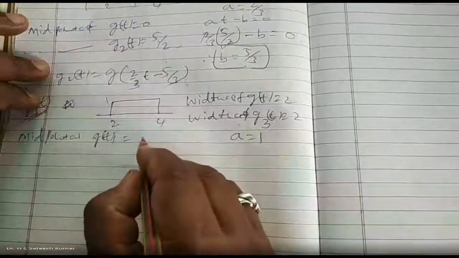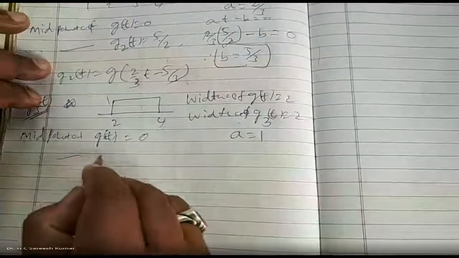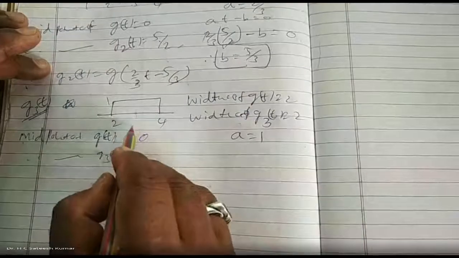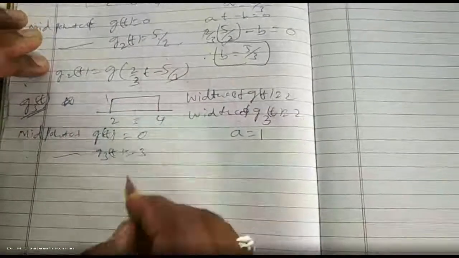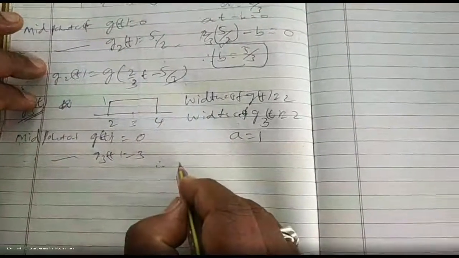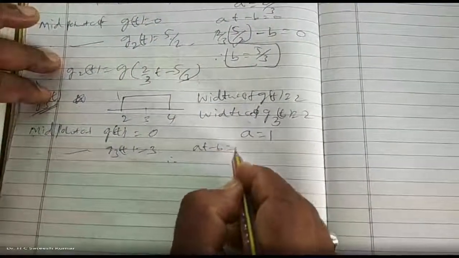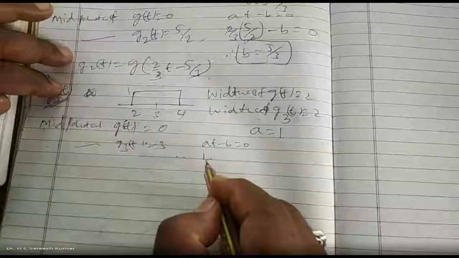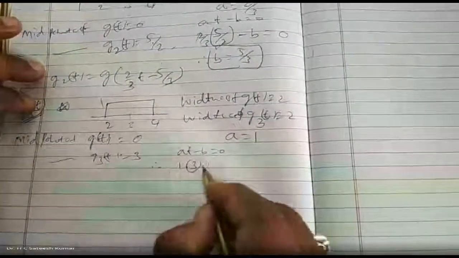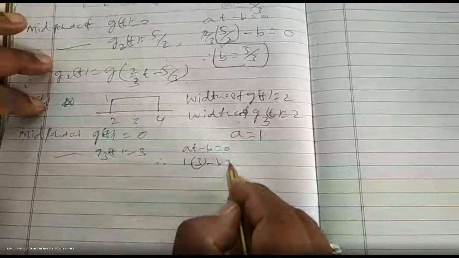Midpoint of G of t is 0. Midpoint of G3 of t is 2, 3. Midpoint is 3. Therefore, A t minus B is equal to 0. A is 1. T is, what is the value? 3. Midpoint minus B is equal to 0.